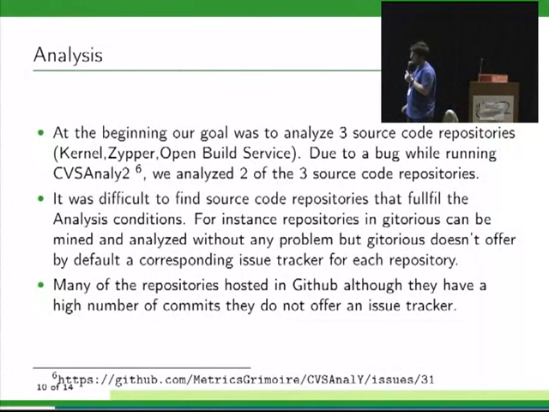So it was difficult to find a project that fulfills all the conditions to run without error, to be associated with a corresponding mailing list, and to be associated with the corresponding issue trackers. We found many projects that fulfill these conditions, but some of them didn't, and we need high activity, which means a high number of commits or issues from the issue tracker or the source code repository.